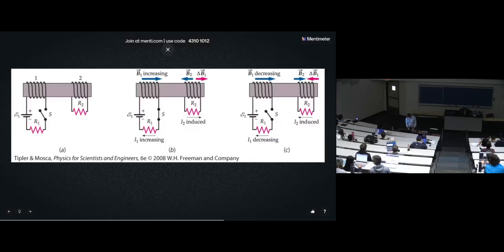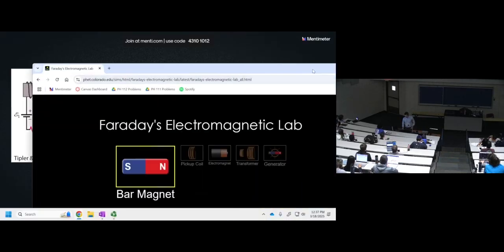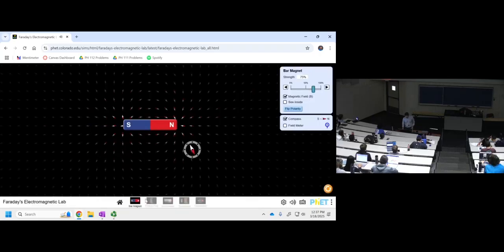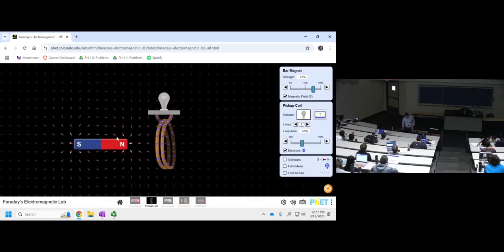I want to say here, let me pull this up. I feel like there's a PhET electromagnetic lab. It would be worth your time to pull up the PhET magnetic lab, and so you can have here, you go.